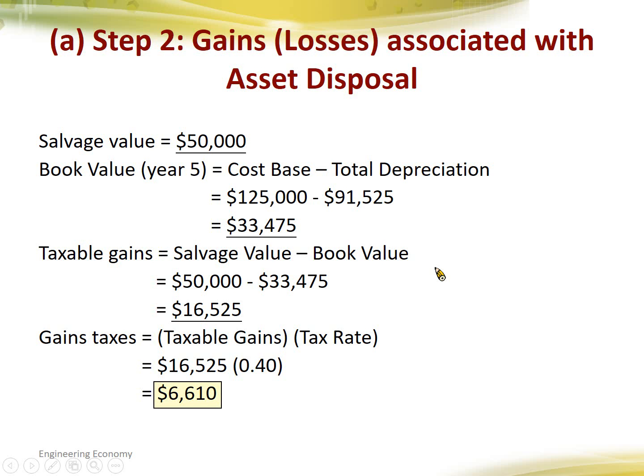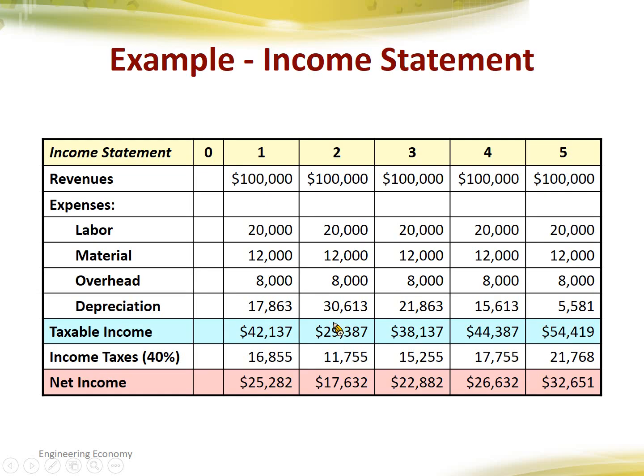Again, to simplify the computation, we were given a tax rate which is 40%. So this gain is to pay 40%, and we computed 6,610. Okay, so this is the tax for the salvage value. So we need to subtract this amount from 50,000. That is the amount that we'll get.